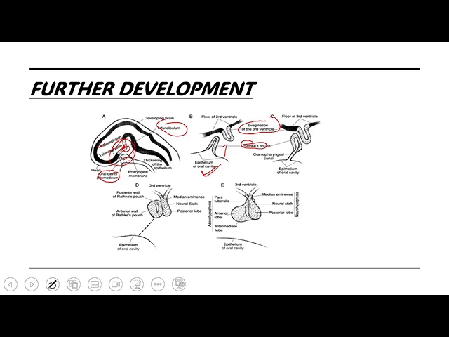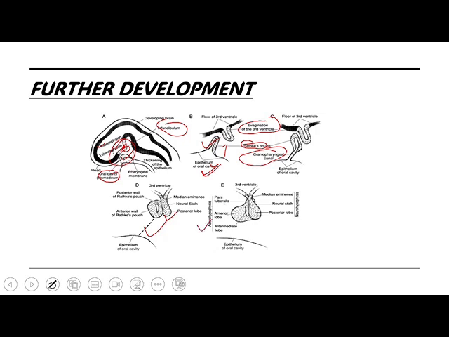And later on, this Rathke's pouch forms the communication with the oral cavity as the craniopharyngeal canal, and later on this craniopharyngeal canal gets obliterated by the separation of this Rathke's pouch from the surface ectoderm. Here we can appreciate that there has been the detached form of the Rathke's pouch, which is hanging near the neurohypophysis, and here is the adenohypophysis.